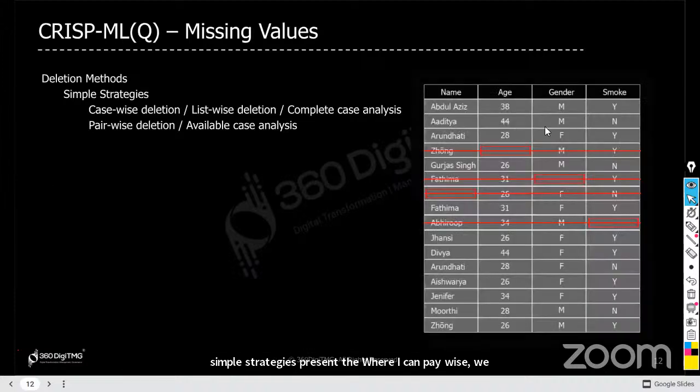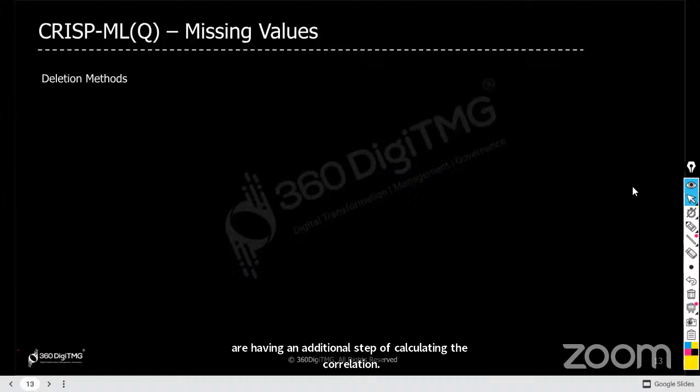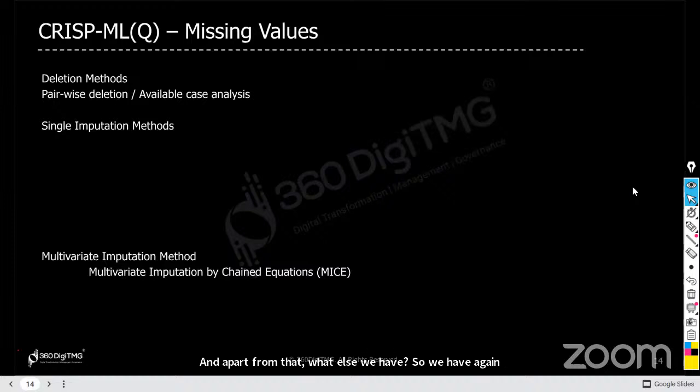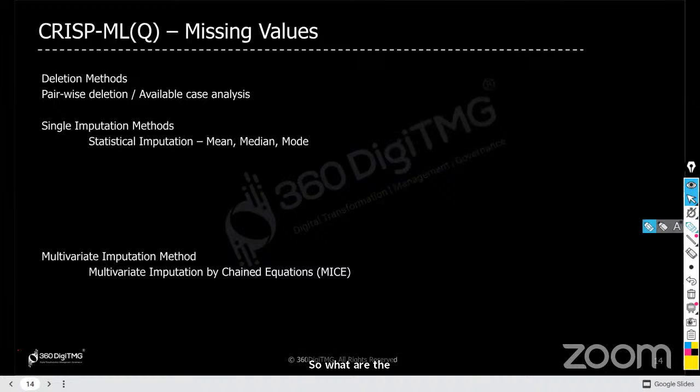And apart from that, what else do we have? The next one is imputation techniques. What are the simple imputation methods present? As I told before, imputation is nothing but the replacement of missing values with some logical value. What may be the logical values?